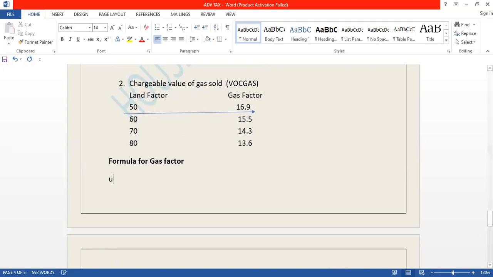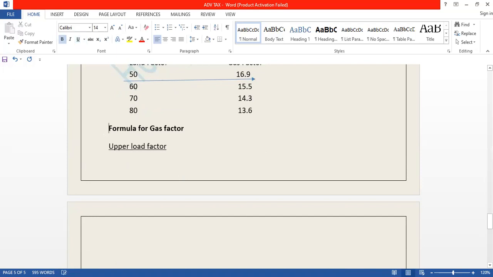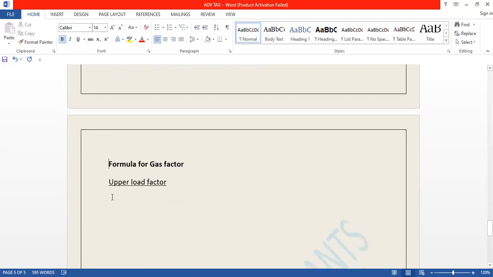So we have upper load factor divided by, let me put it in format, because this is where the secret is. You must be able to get the formula correct. So upper load factor here, then divided by upper load factor as well.